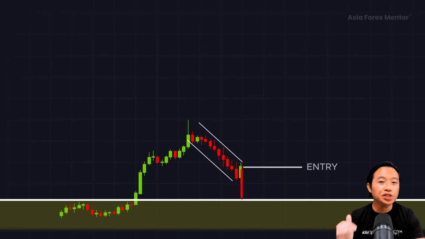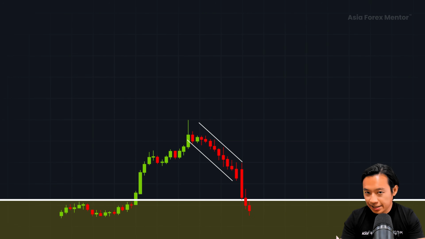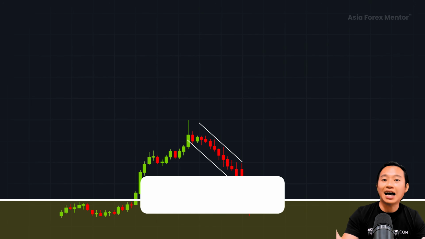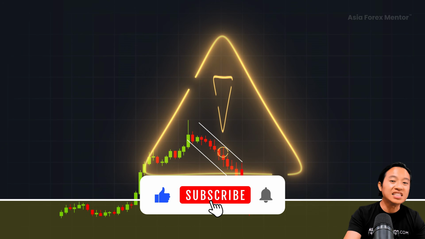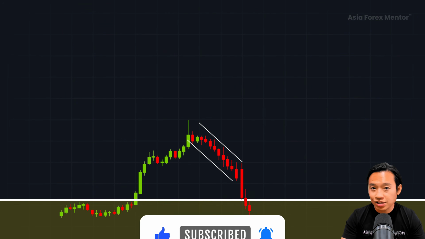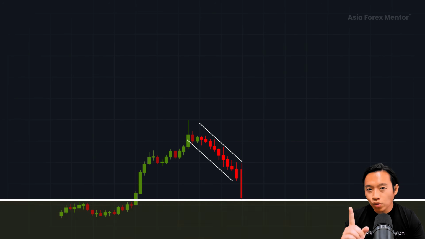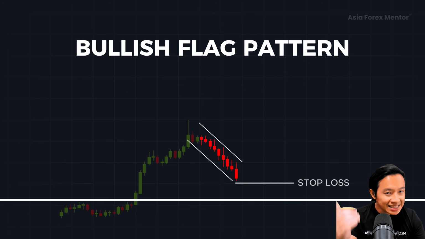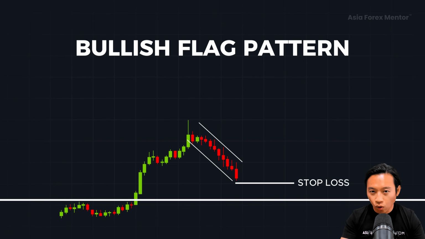If price reaches the opposite side of the breakout, it is important to exit the trade immediately, right? This is because there is a high chance that the pattern is false. To determine the ideal location for your stop loss, look for the most extreme swing within the flag structure. For a bullish flag, set your stop loss below the lowest bottom of the flag.